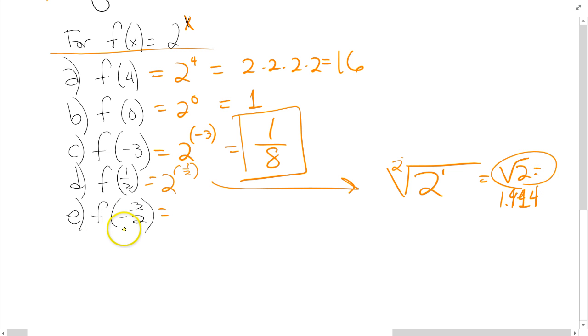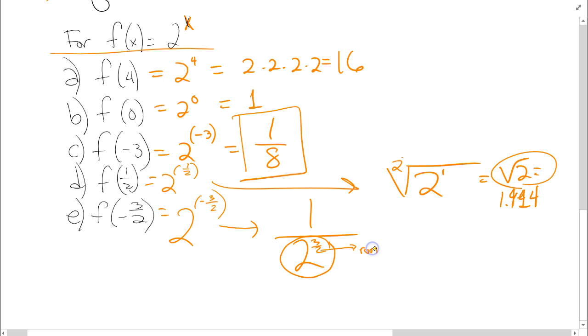Then how about f of negative 3 over 2? So that's 2 as the base, and now I've got this negative up here. So I can rewrite this as 1 over 2 to the positive 3/2. Now, what does that mean? It's a fractional exponent, so the denominator is my root number, and the numerator is my exponent underneath that root symbol. So I'm going to write 2 to the 3rd, and then it's the square root of that.